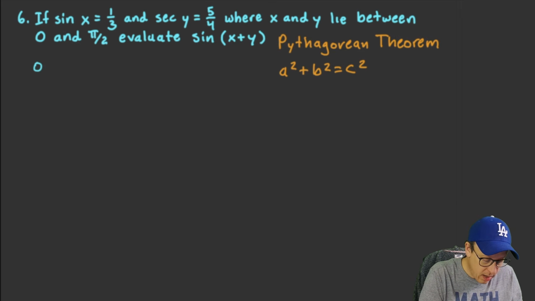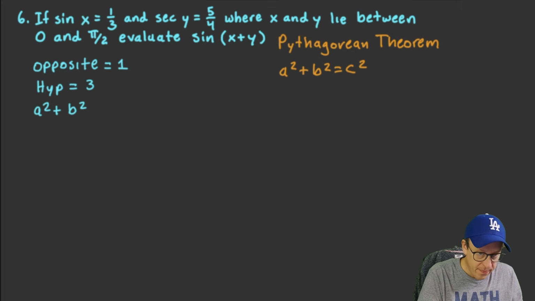Okay, so we know in our first one that the opposite is going to be equal to 1. And we know the hypotenuse is going to be equal to 3. So I could say that a squared plus b squared is equal to c squared. That means that a squared plus 1, we can just plug those values in, is going to be equal to 9.